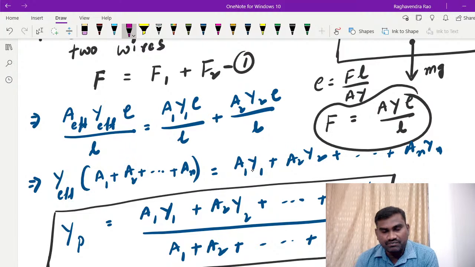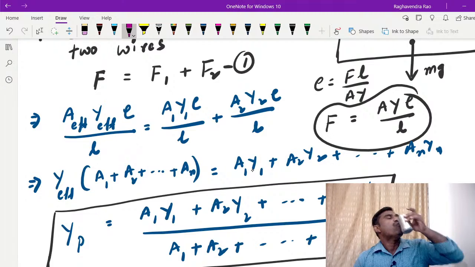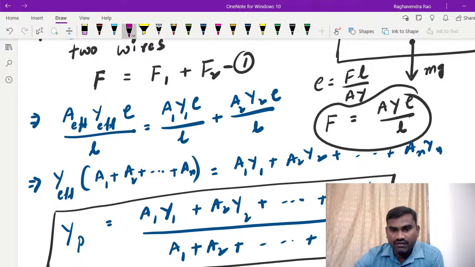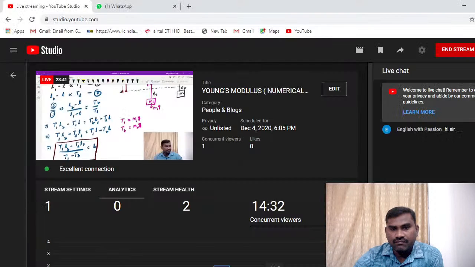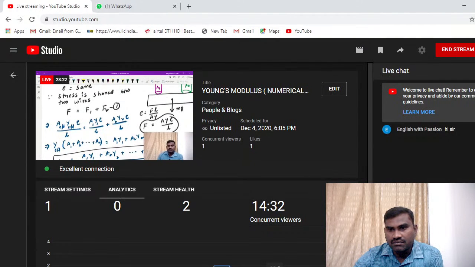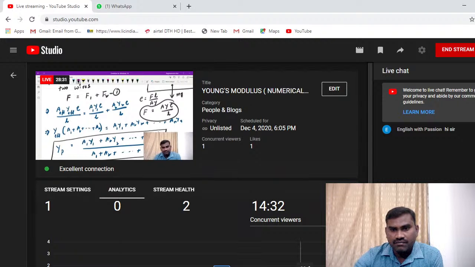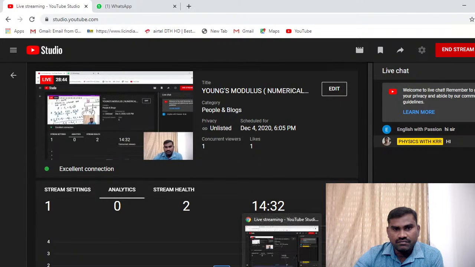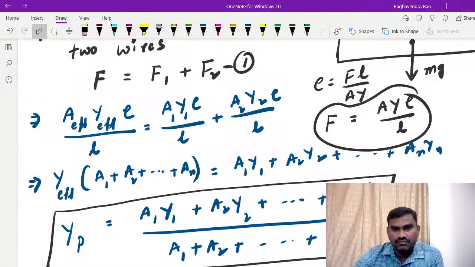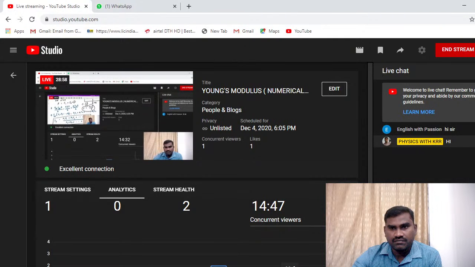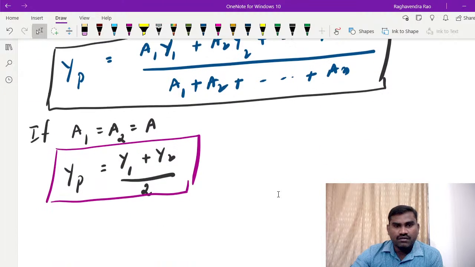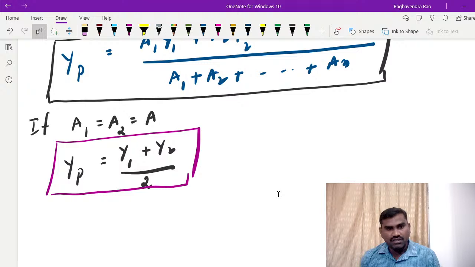This is the general formula. So in the case of two wires having equal area of cross section, Y effective is equal to Y1 plus Y2 by 2.